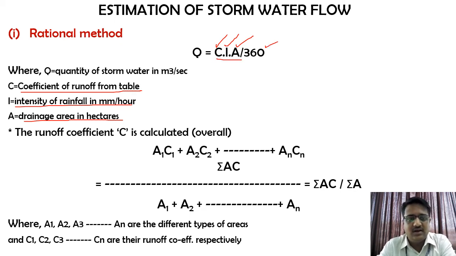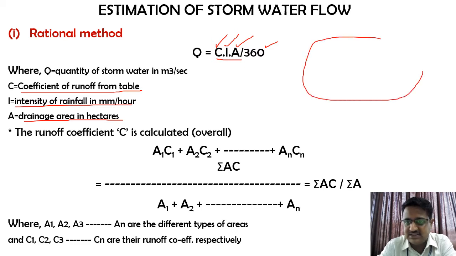Now let me try to explain this particular formula. Imagine I have this area and I want to determine the runoff coming out from this point. Imagine there is a nala here, and the entire slope is towards it. Wherever the rainfall occurs, ultimately it will join this center part and come out like this.